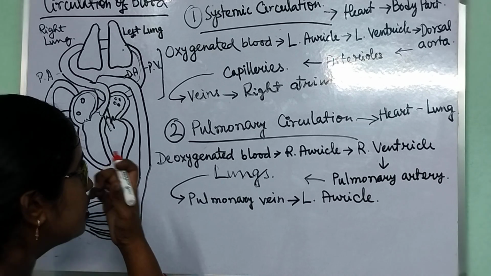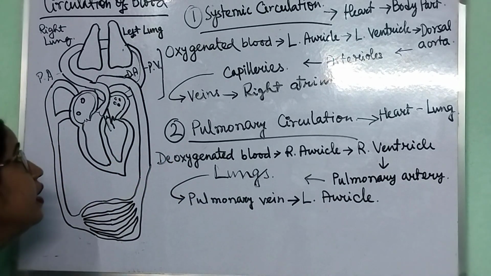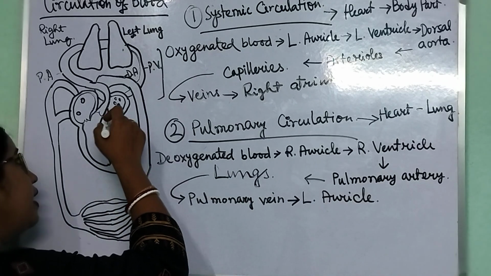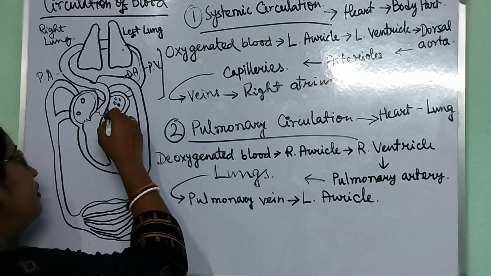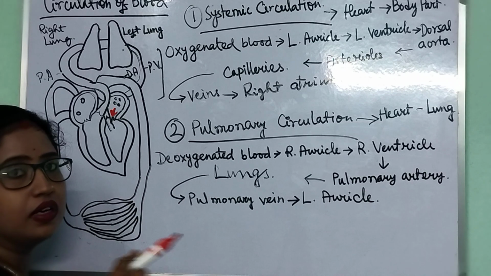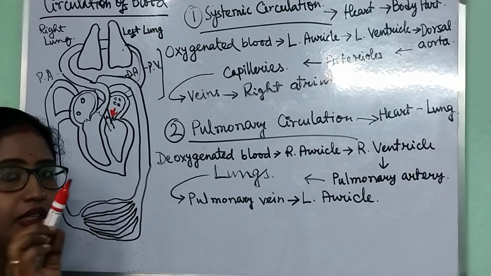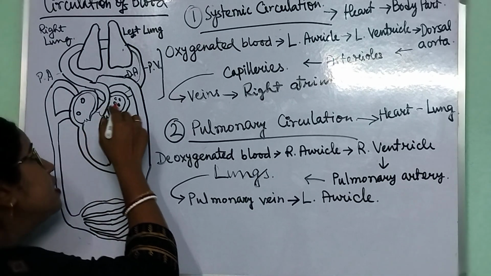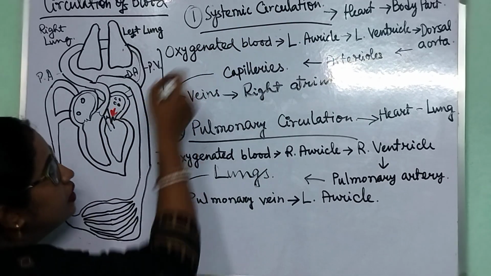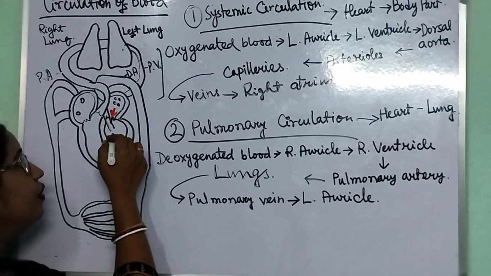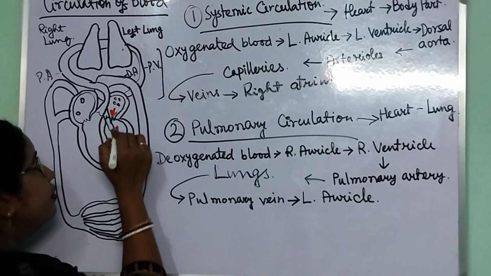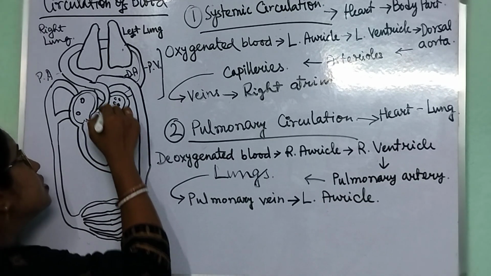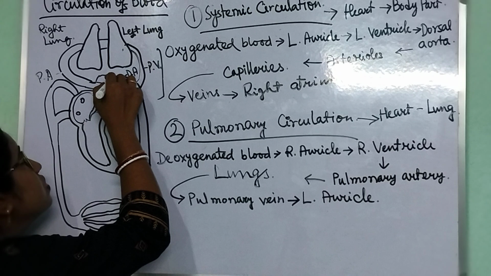So if we denote the circulation process of oxygenated and deoxygenated blood, I am denoting the oxygenated blood via this red ink and the deoxygenated blood via green ink. Firstly, in systemic circulation, the oxygenated blood enters into the left auricle, then into the left ventricle, then into the dorsal aorta. This is the dorsal aorta.